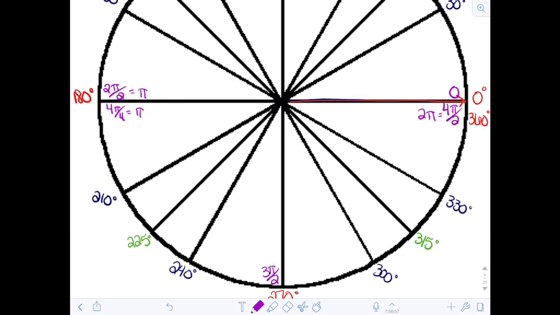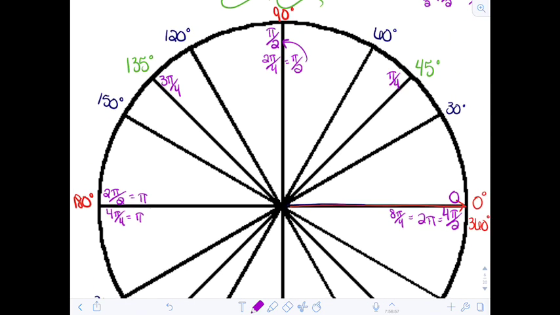Another pi over 4 is 5 pi over 4. Another pi over 4 is 6 pi over 4, which reduces to 3 pi over 2. We've already got that. Another pi over 4 is 7 pi over 4. And another pi over 4 is 8 pi over 4, which reduces to 2 pi.